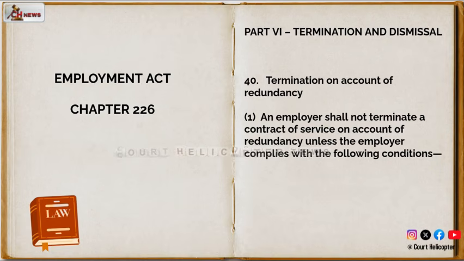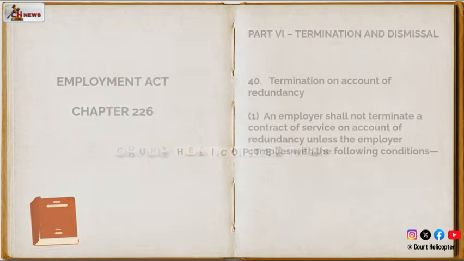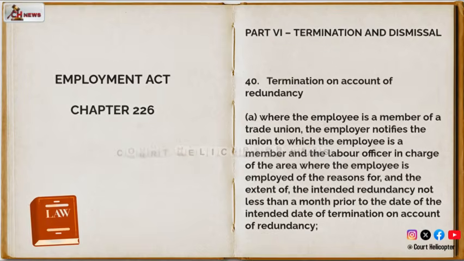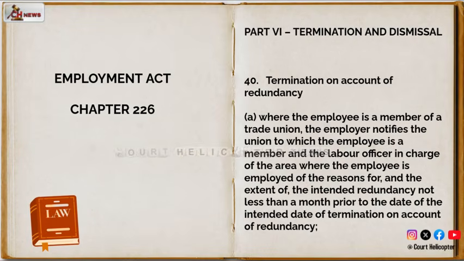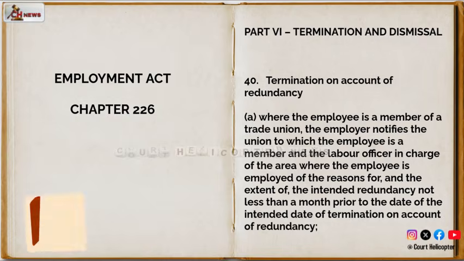Section 40 provides that an employer shall not terminate a contract of service on account of redundancy unless the employer complies with the following conditions. 1, A, where the employee is a member of a trade union, the employer must notify the union to which the employee is a member and the labor officer in charge of that area. The union must be notified, and the labor officer must be notified.